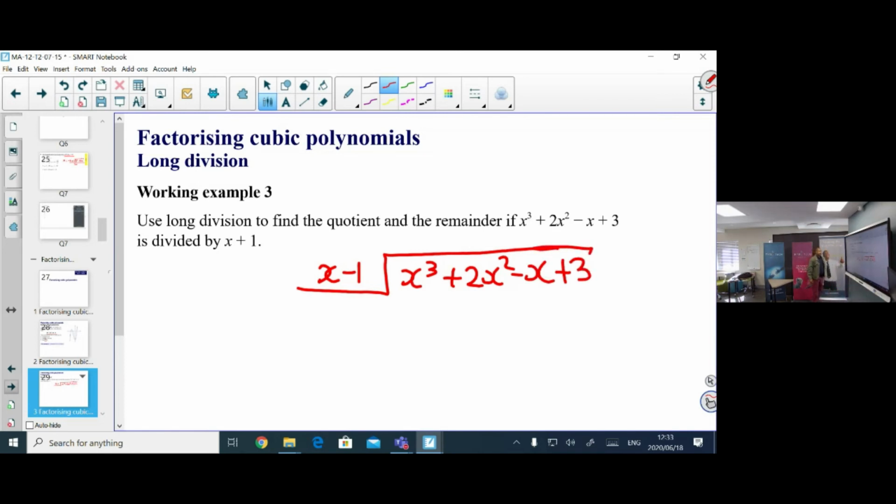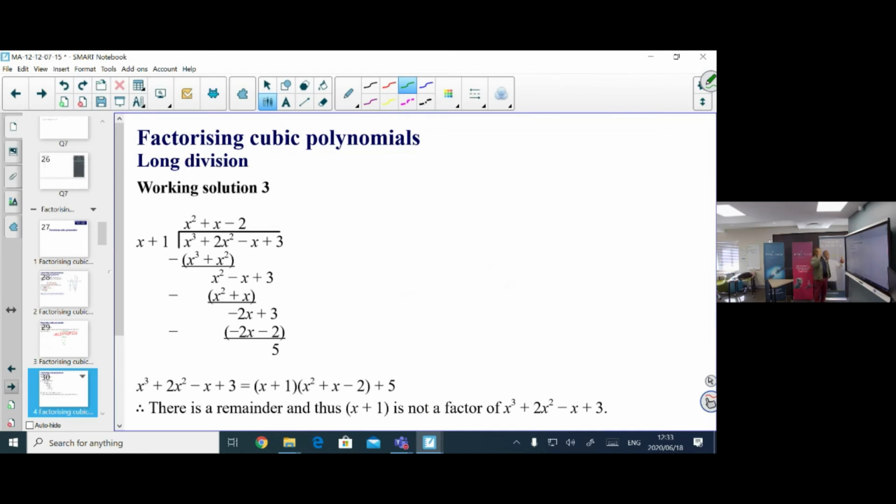Okay, so there you are going to find some solution here. So that's what we mean by long division. Let's check the solution of this particular one.